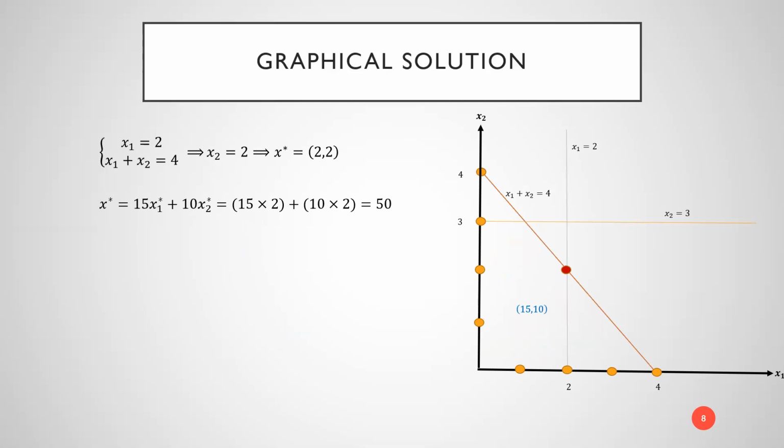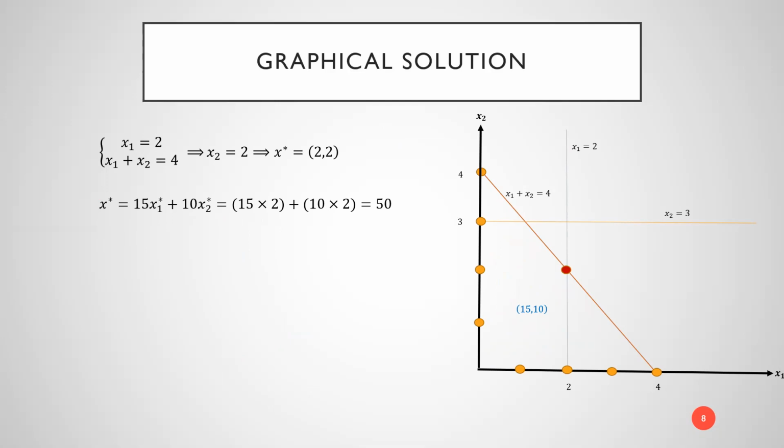So how am I going to solve this? The optimal point is the intersection of two of the equalities. One of them is x1 plus x2 equal to 4, and the other one is x1 equal to 2. Just solve this: because x1 is 2, I can replace it in the second equality, and I will have x2 equal to 2 as well.